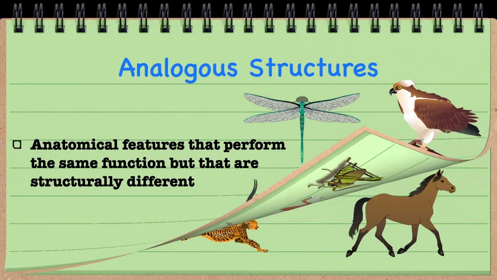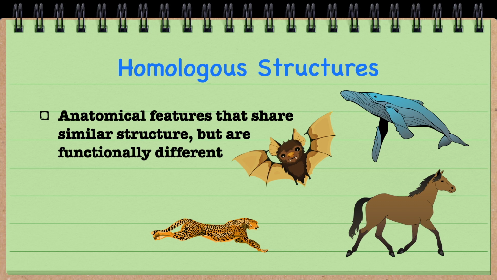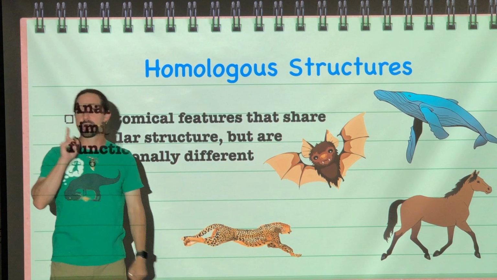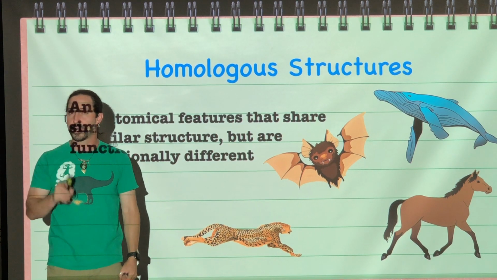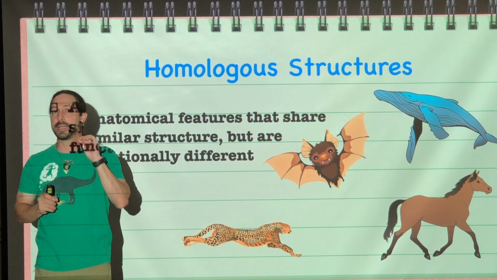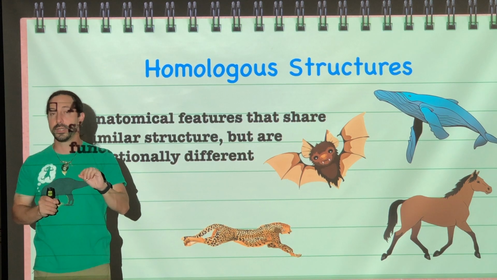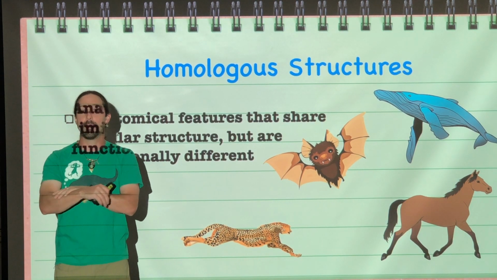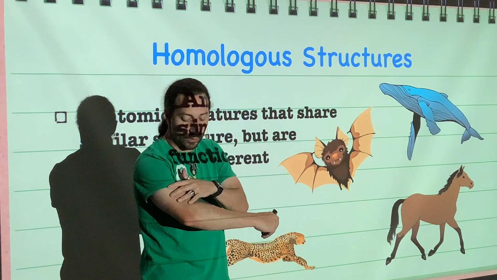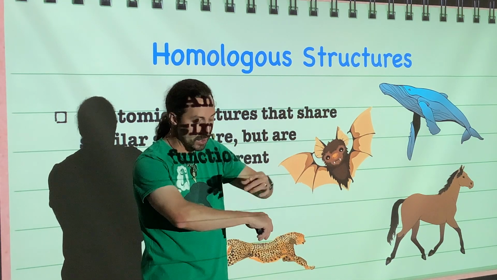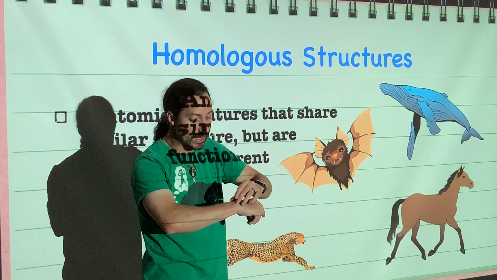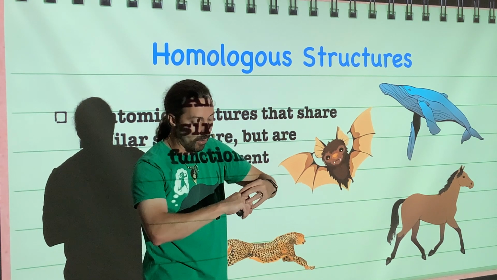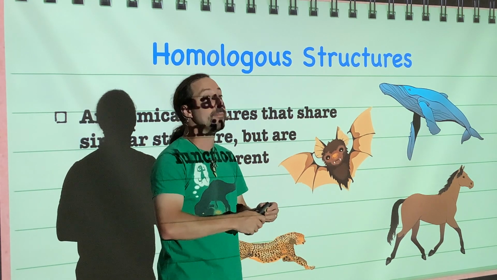On the other hand, homologous structures, those are anatomical features that share the same structure or a similar structure, but a completely different function. Specifically, we could look at the forelimb of mammals. It is a single bone attached to two bones, which is then attached to many small little bones, and then the rest of our hand.